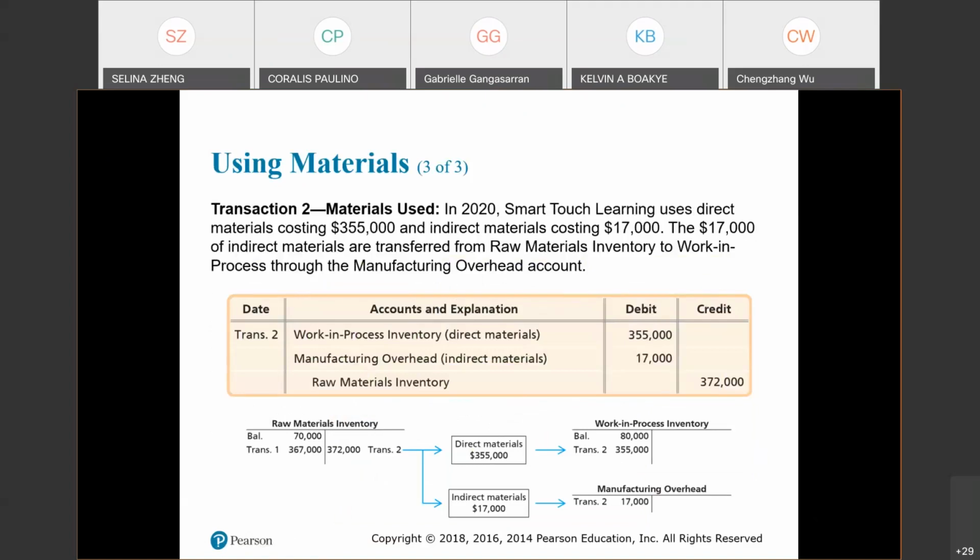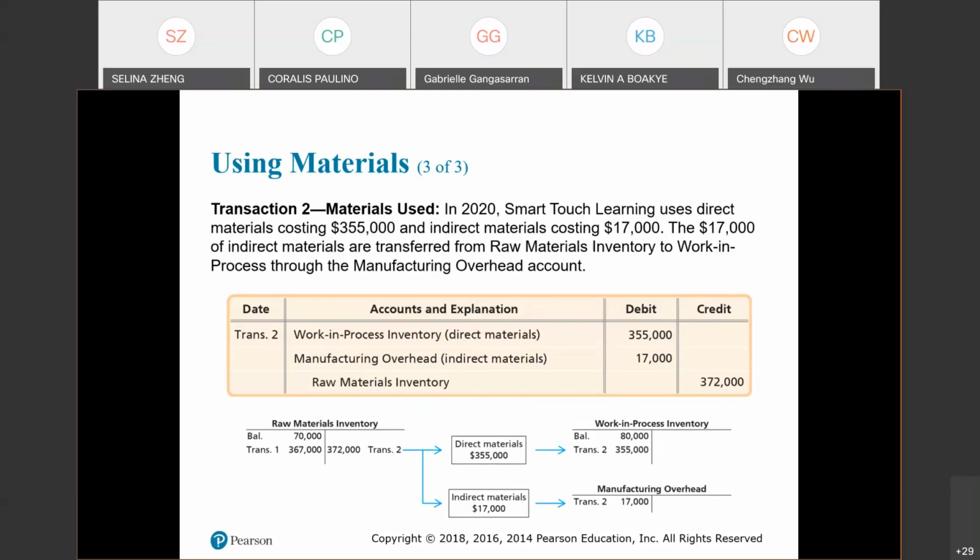Smart Touch Learning Company records a summary journal entry at the end of the period for all materials used. To produce the tablets, both direct and indirect materials are used.